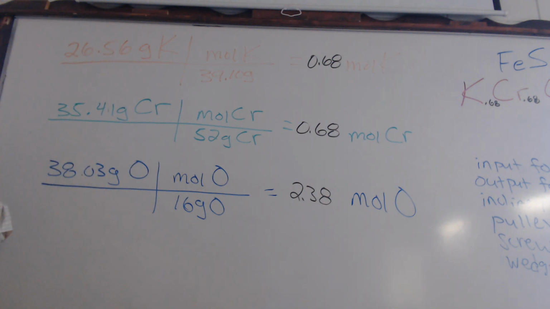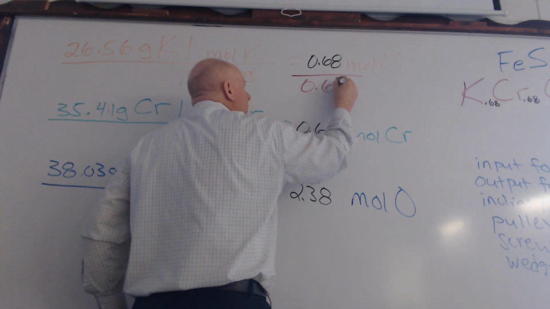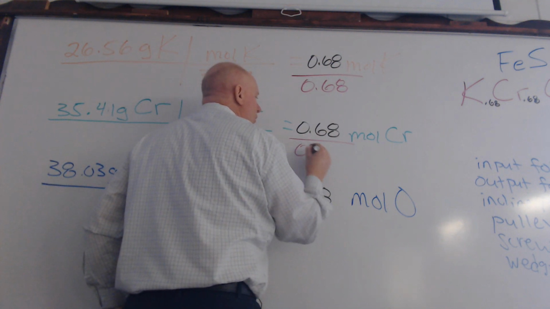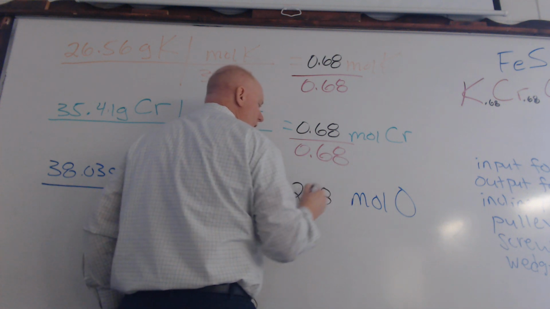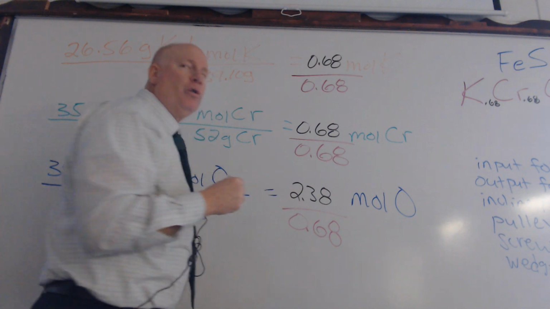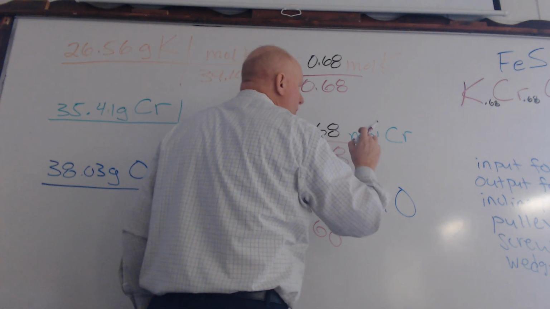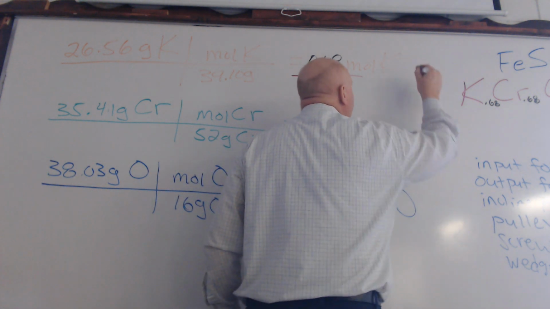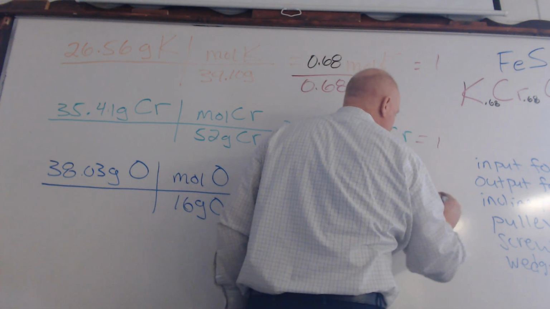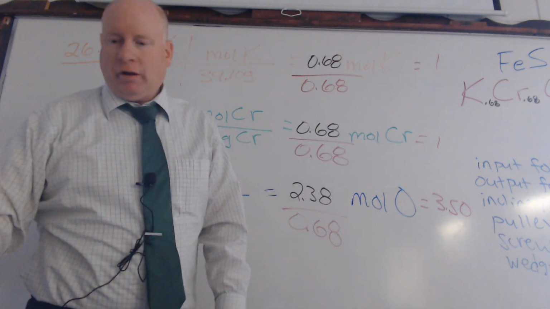So therefore, in this case, 0.68, 0.68, 0.68. And as you had correctly said, these are going to cancel out to just 1, which is true. 1, 1. So we're getting a little closer.